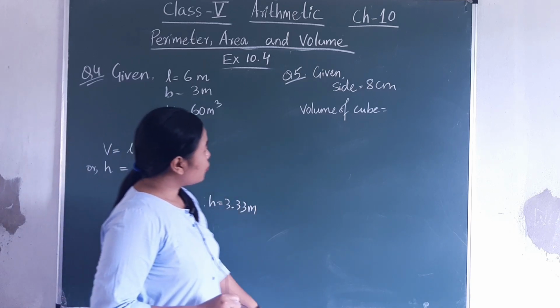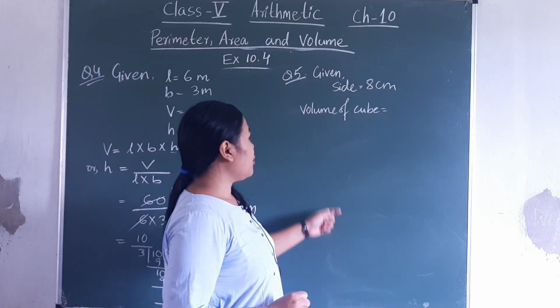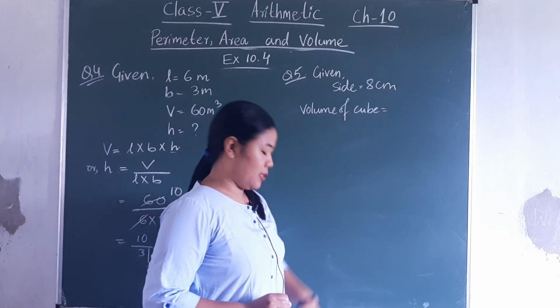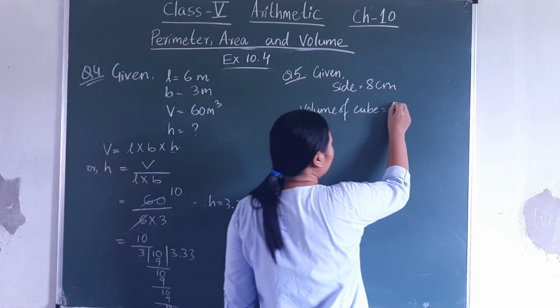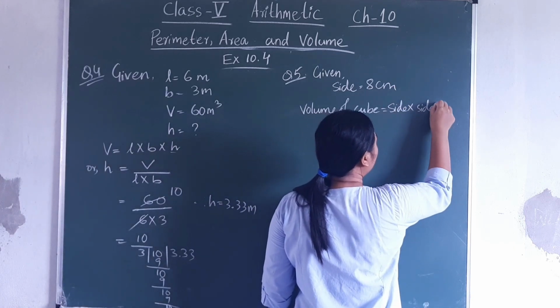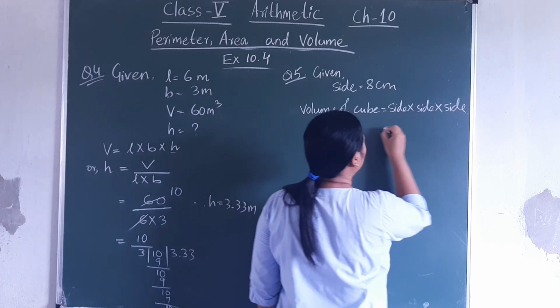Next question, question number 5. Here you have to find the volume of the cube. The side is given 8 centimeter. What is the formula of cube? Side into side into side.